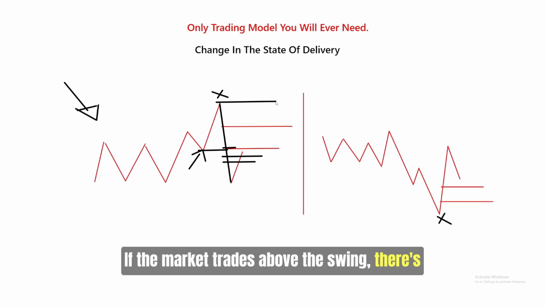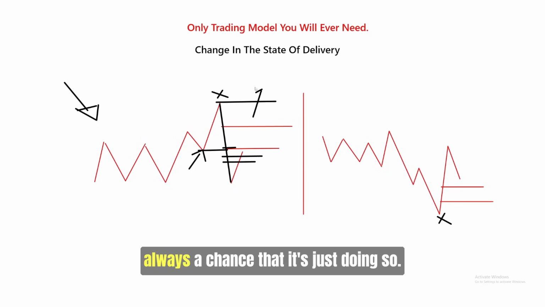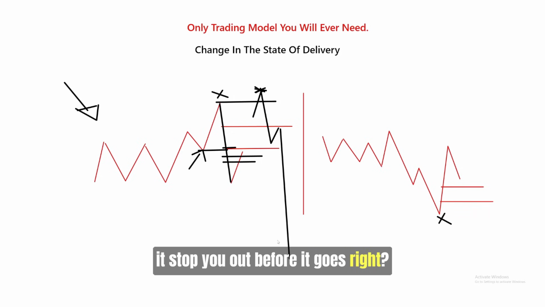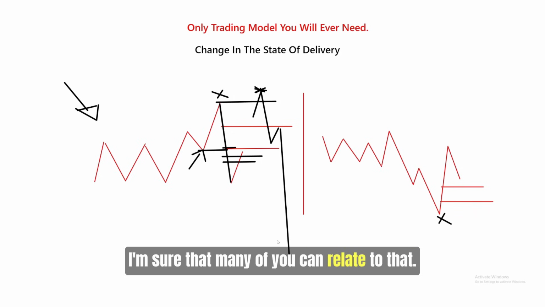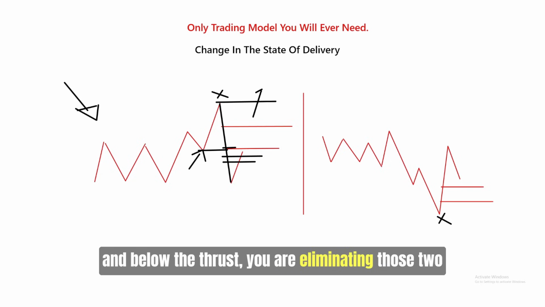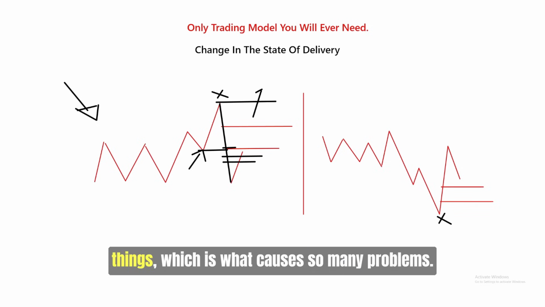If the market trades above the swing, there's always a chance that it's just doing so, grabbing liquidity to then see a new leg lower, and then you're left wondering, why does it stop you out before it goes, right? I'm sure that many of you can relate to that. So with the idea of placing the stop above and below the thrust, you are eliminating those two things, which is what causes so many problems.